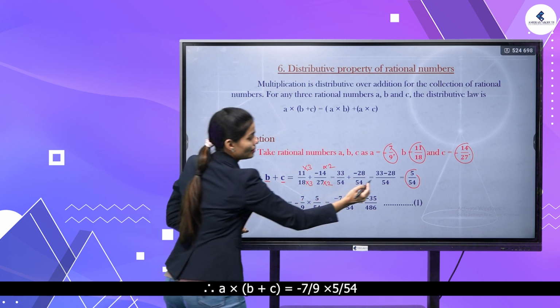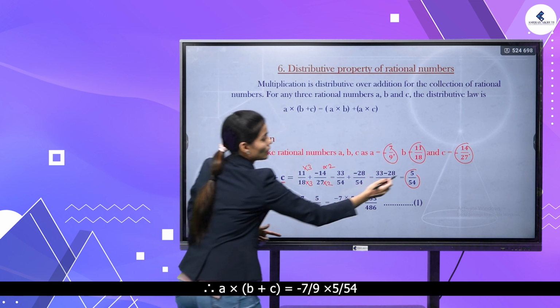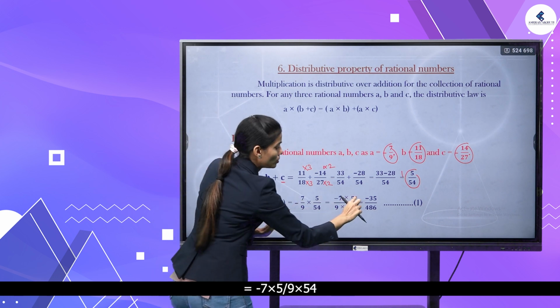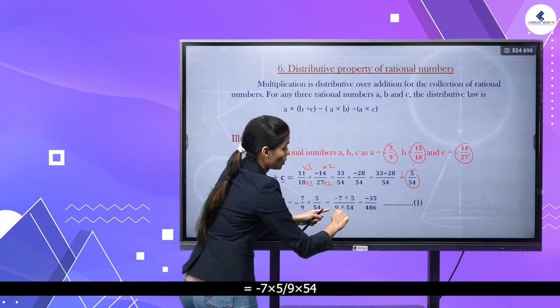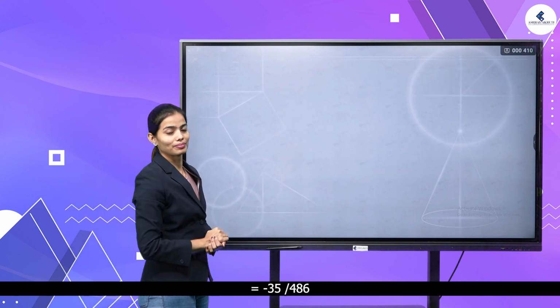Therefore, a into b plus c is equal to minus 7 by 9 into 5 by 54 is equal to minus 7 into 5 by 9 into 54 is equal to minus 35 by 486.